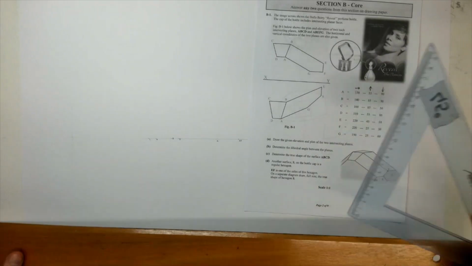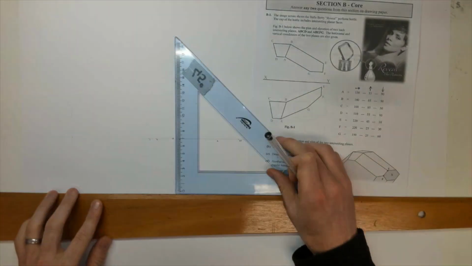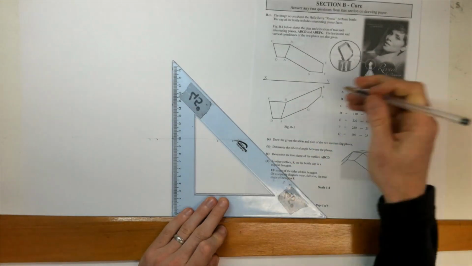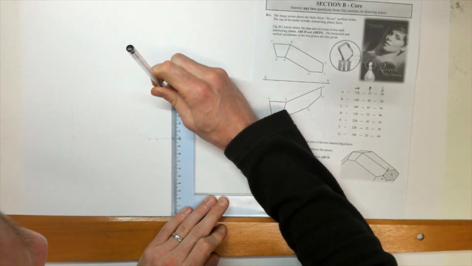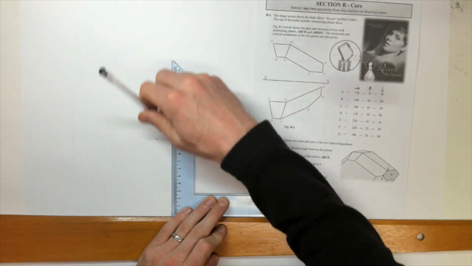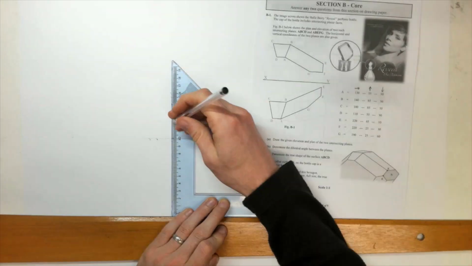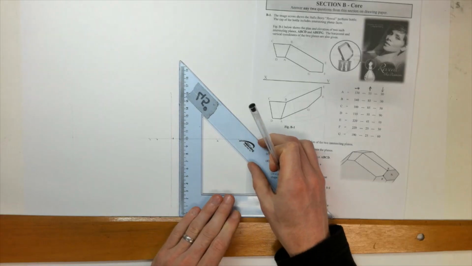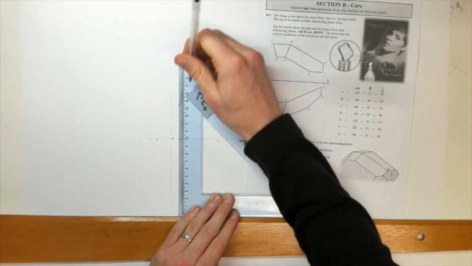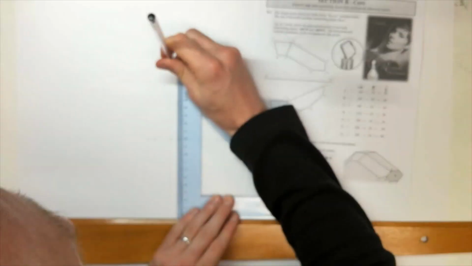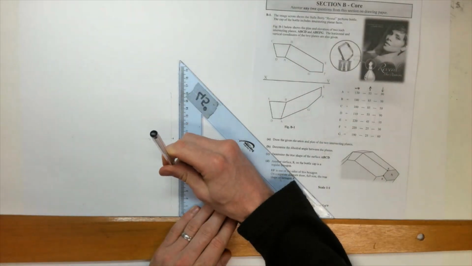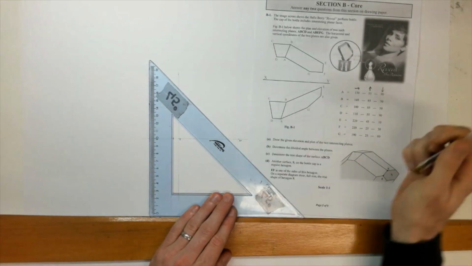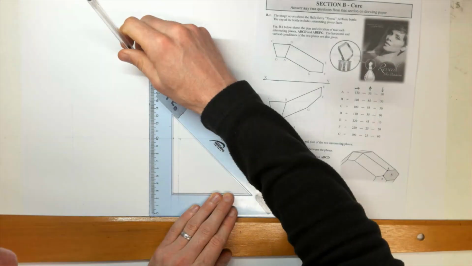Okay, and now my vertical measurements. So we've got up 55 from A, and down 90. And I've got B 85 and 50. C, we've got 85 and 50 also.